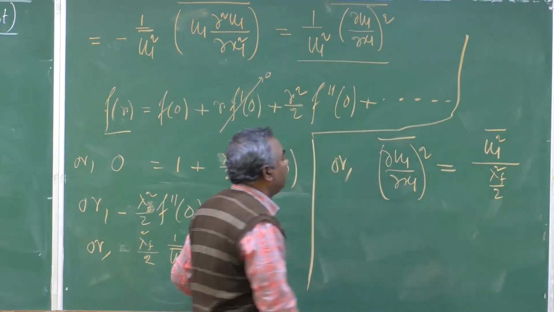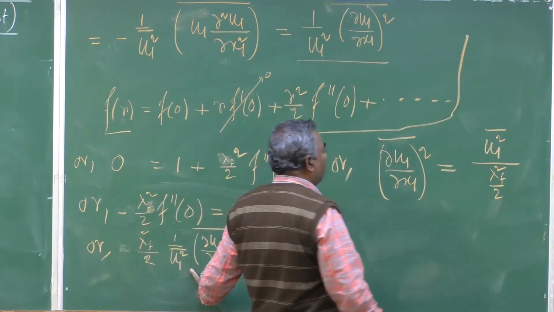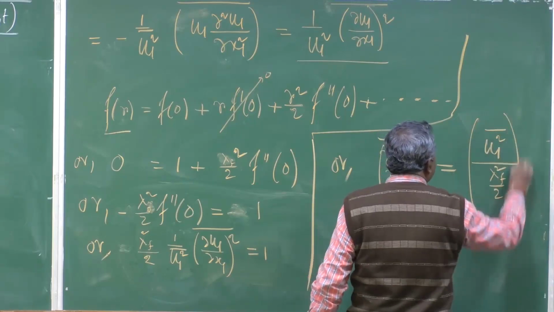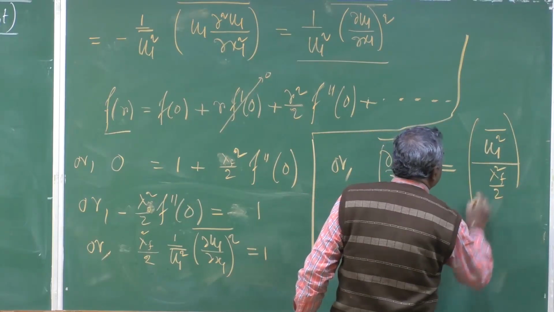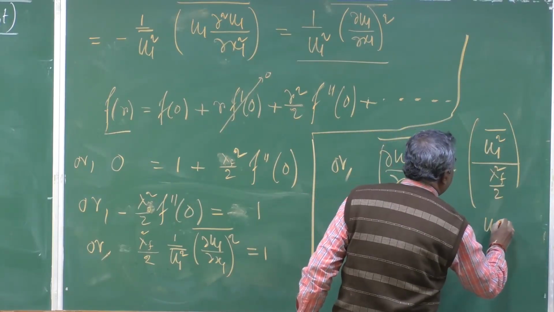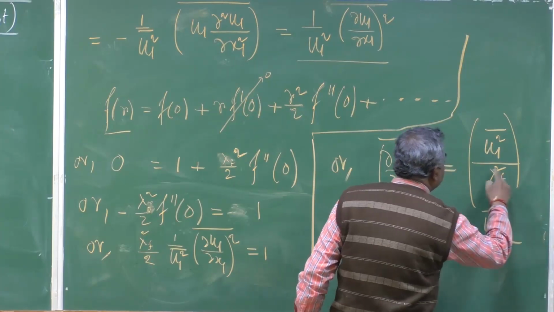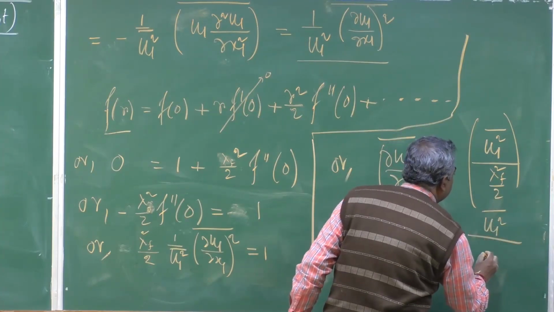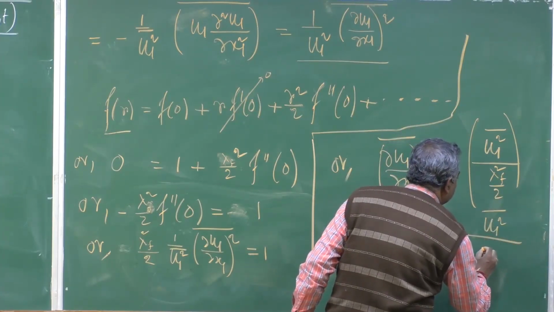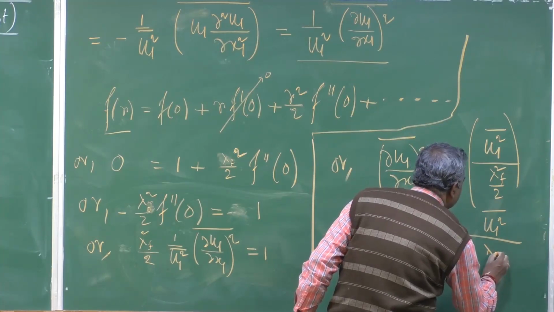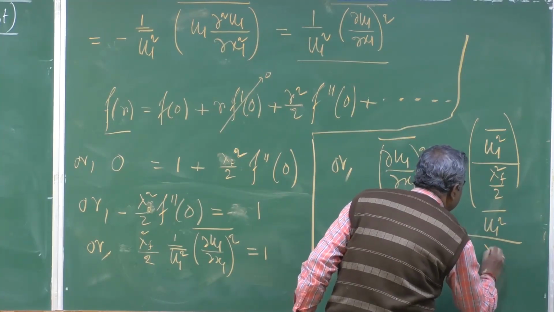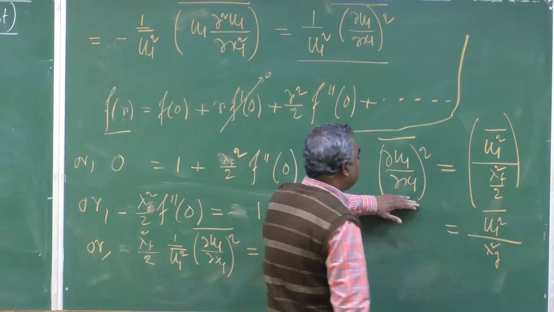As I told, this is nothing but your u1 square bar, from considering the relation of the isotropic turbulence, that is lambda, this is nothing but your lambda g square. So, this quantity is equal to this.